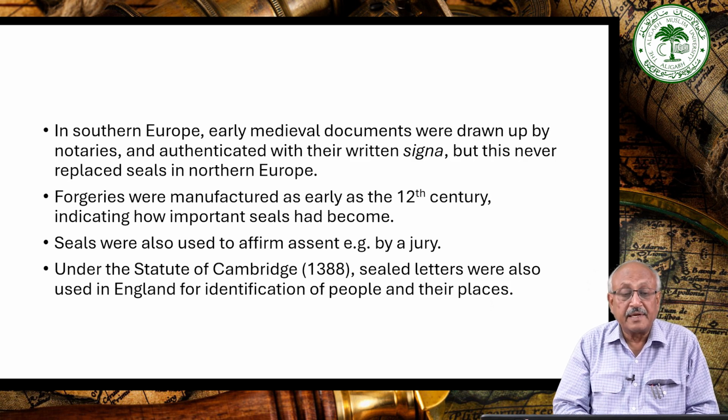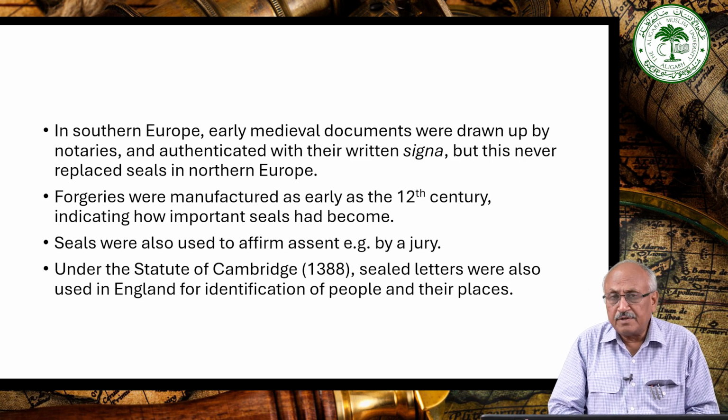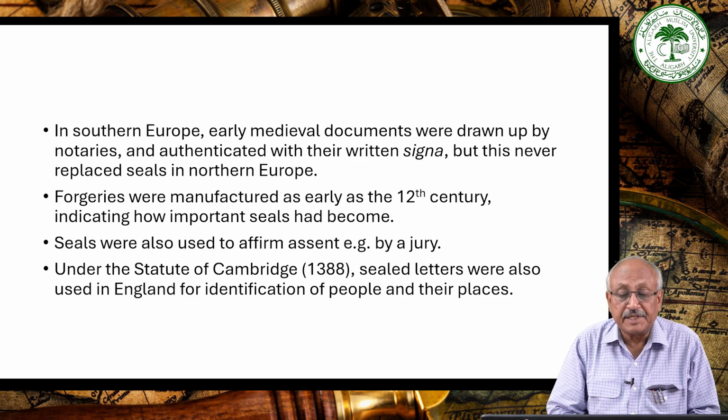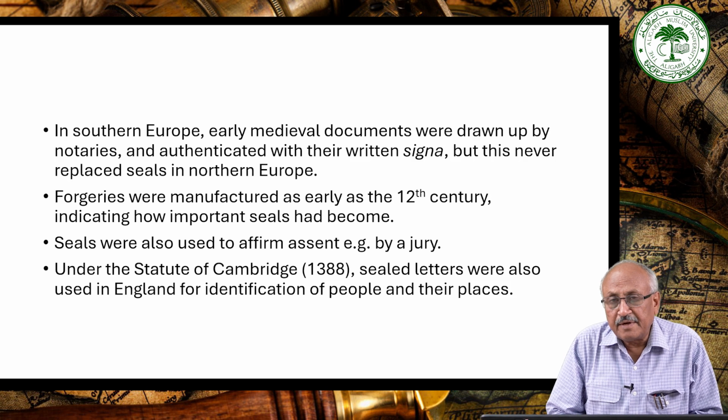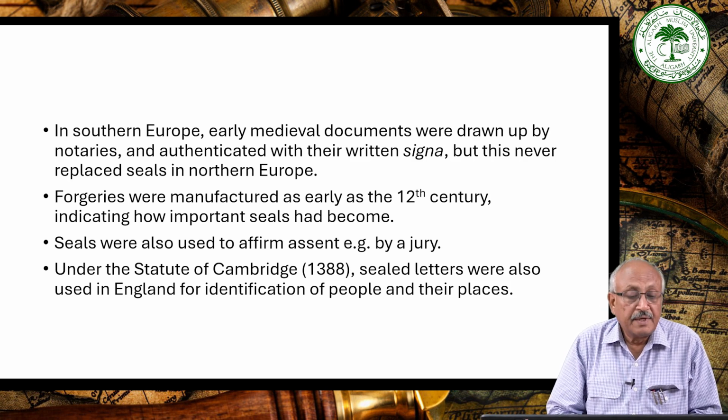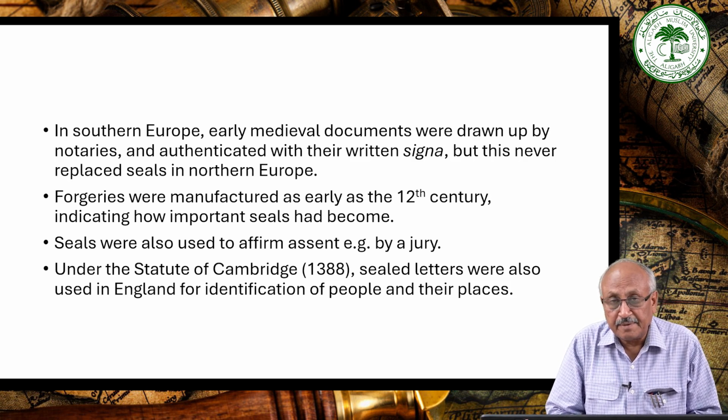It will be at his peril. This was also done in order to prevent forgeries, and forgeries had become very common by the 12th century, indicating how important seals had become.